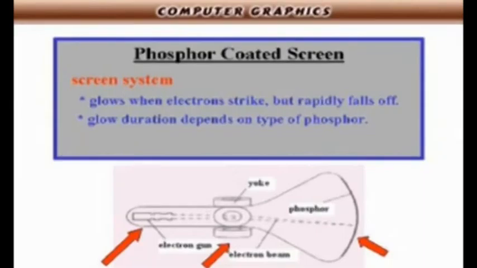When the electron beam strikes a spot on the phosphor-coated screen, the phosphor emits a glow, and the glow is what we see as a dot. So in short, the CRT relies on generating an electron beam, directing it to a spot on the screen, and the screen displays the glow as a dot to be seen by us as a final result.